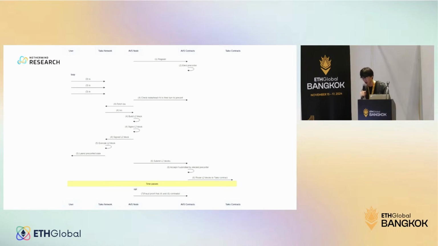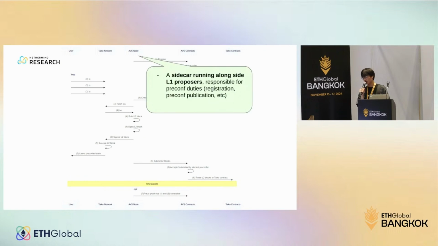Okay, so let's get into a little more detail. This is the sequence diagram that illustrates how our Taiko POC works. The first thing to note is this AVS node. This is a sidecar running alongside the L1 proposers, and it is responsible for the pre-confirmation duties, such as registering to be a pre-confer and doing the pre-conf publication.